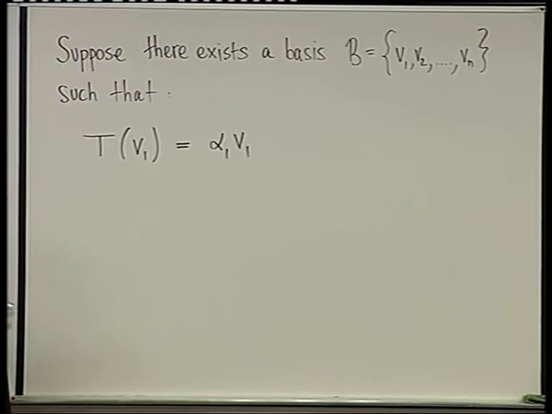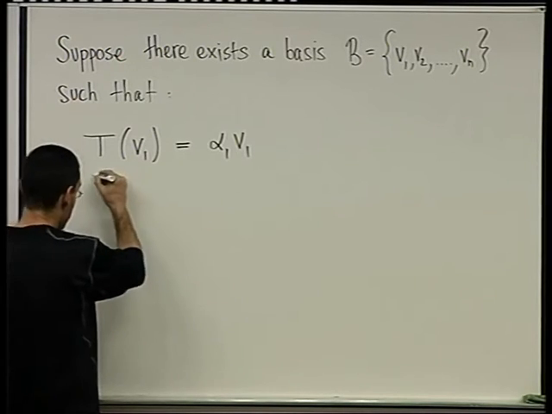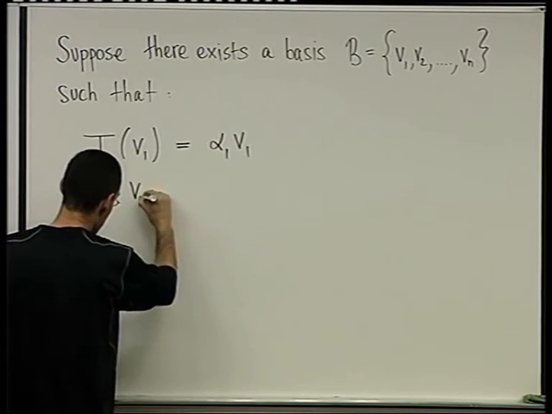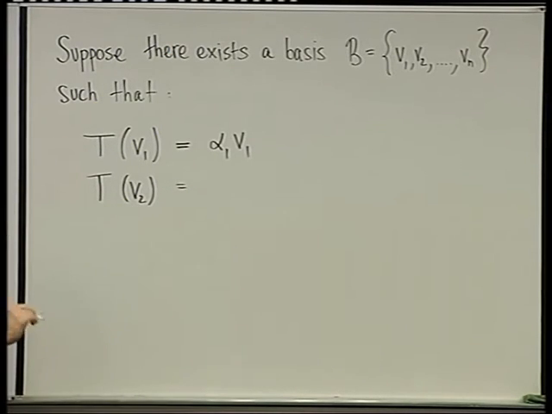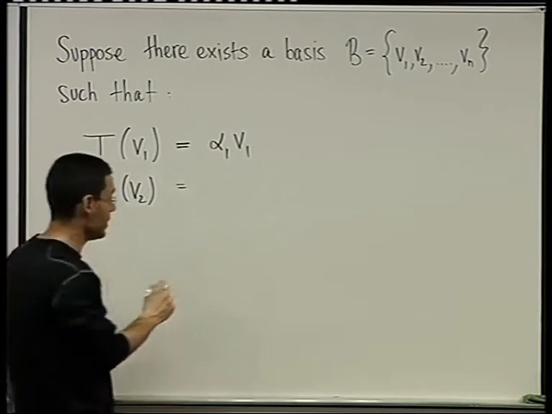That's an assumption. Clearly, that doesn't always have to exist. Or maybe not clearly, maybe it always exists, but in fact, it doesn't always exist. Okay? But suppose it does. Suppose we have a basis such that when we do T to each of the basis elements, what we get is just a scalar multiple of that basis element in that specific basis.